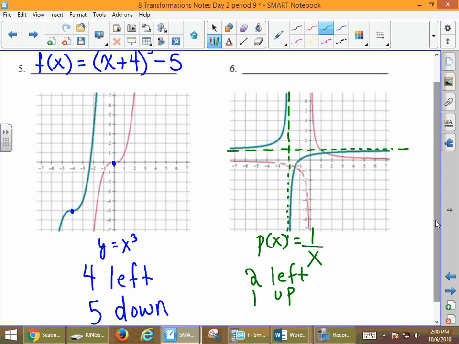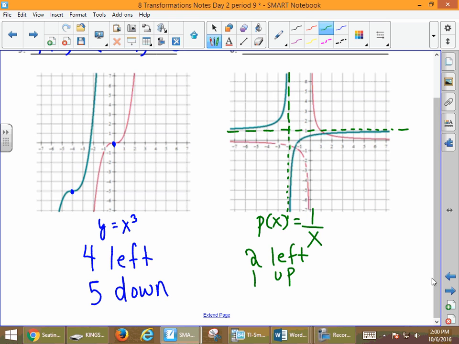This went over here and moved. This went up here and moved. So I said that we reflect over the x-axis. And once we identify that fact, then we can write our function.